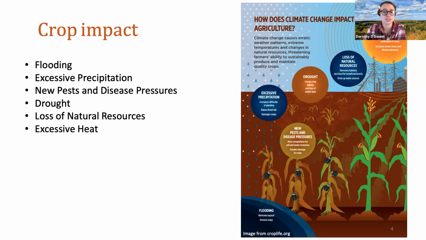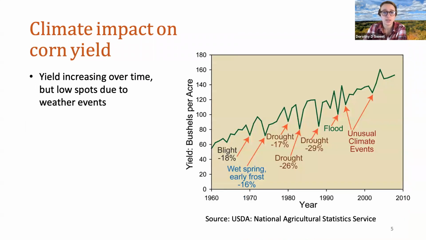So for these reasons, we need to be able to breed plants that can survive and thrive in these new and challenging conditions. But why should we worry about corn specifically? While yield has steadily increased from 1960 to 2010 for corn, with a few setbacks due to weather events, those positive gains may not continue as unusual climate events become more common.